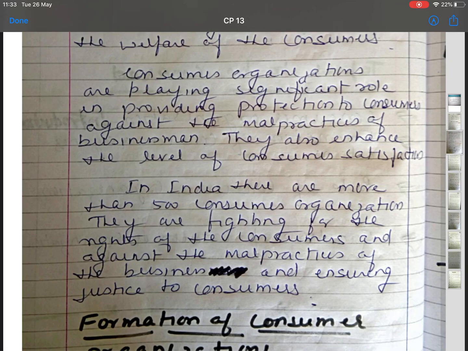In India, there are more than 500 consumer organizations and they are fighting for the rights of the consumers and against the malpractices of the business and ensuring justice to the consumers.